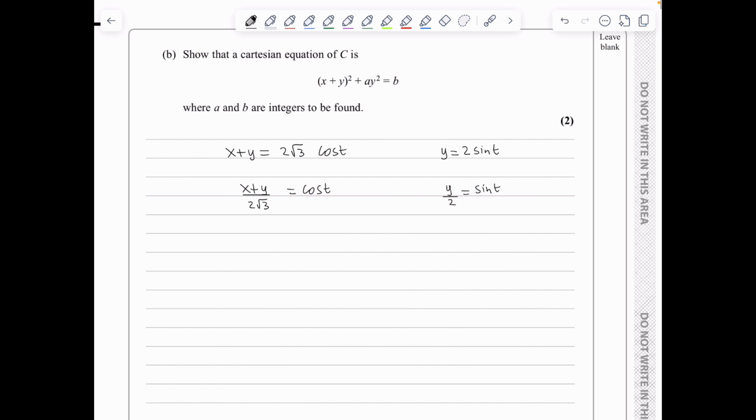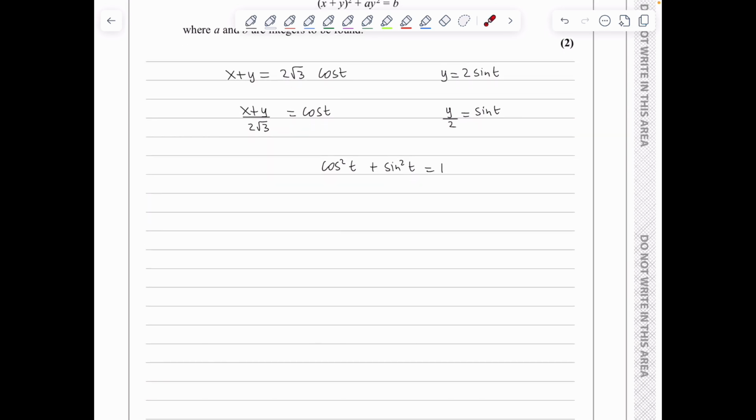We also know that cos squared t plus sine squared t is equal to 1 for all t. So I will be replacing cos t with (x plus y) over 2 root 3, leading to ((x plus y) over 2 root 3) all squared, plus the sine t, which is (y over 2) all squared, being equal to 1.